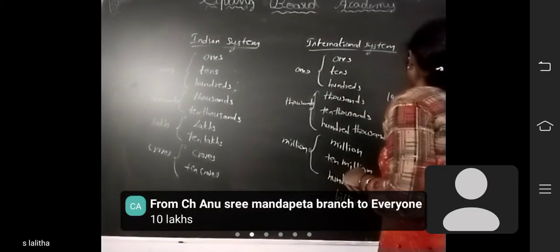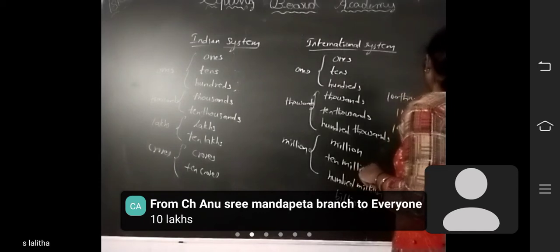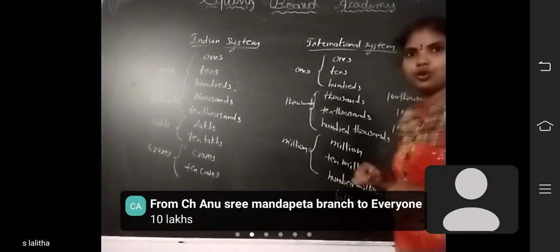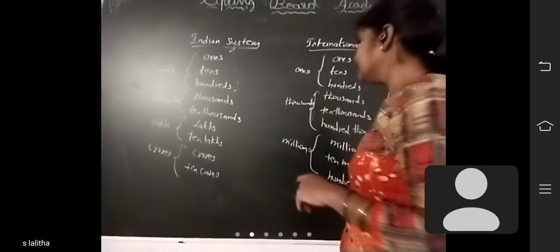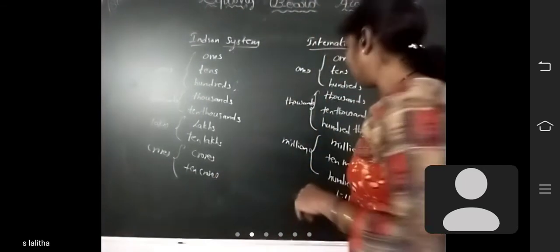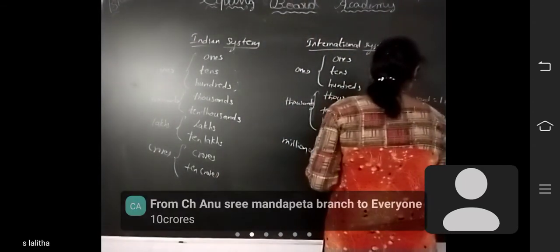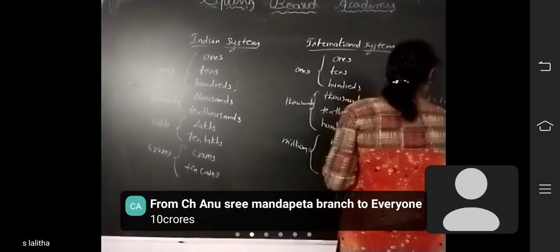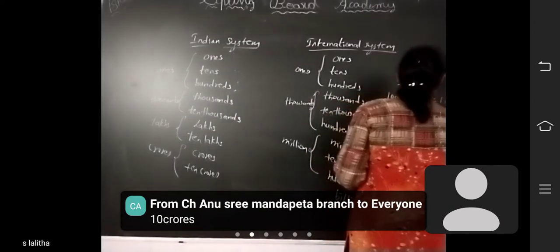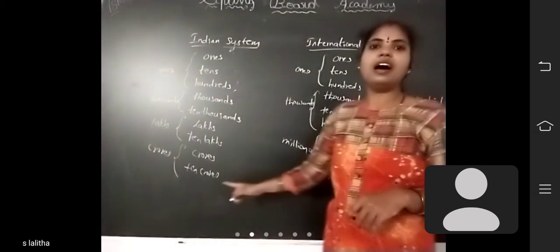10 million is equal to 1 crore. And next, 100 million is equal to 10 crores. 1 billion is equal to 100 crores.